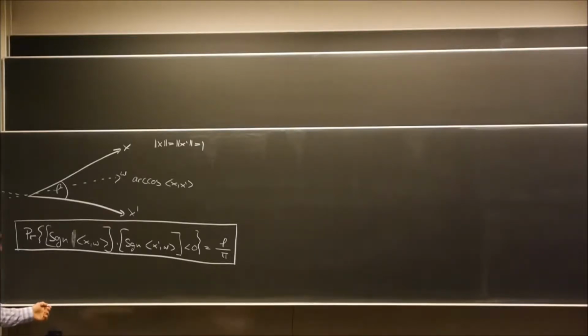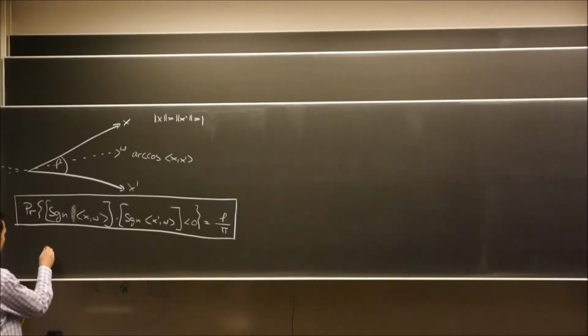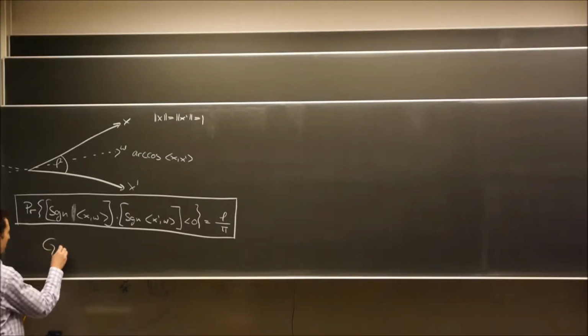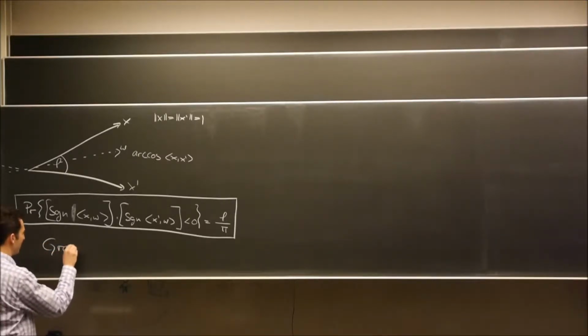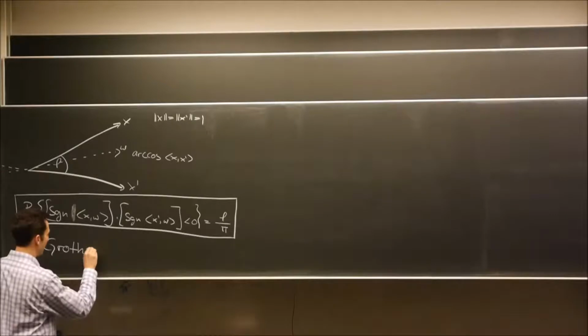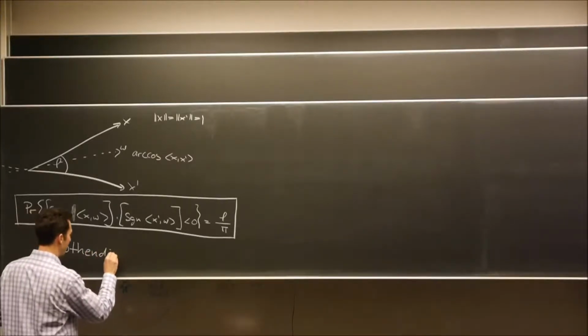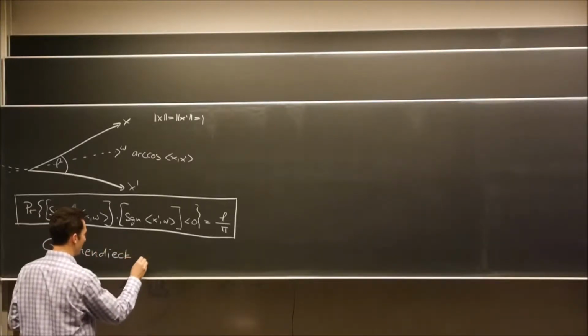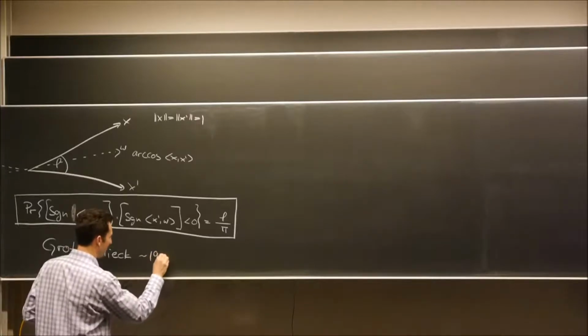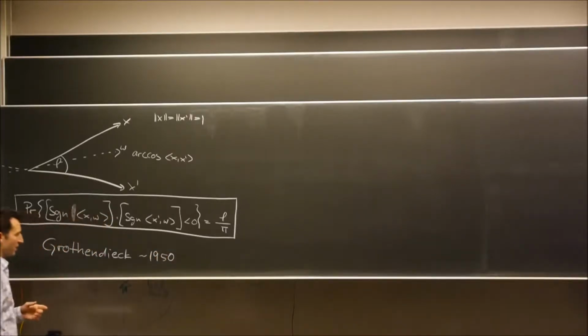And it's related to something called Grothendieck's identity. And this is around 1950. Interestingly enough, in the paper by Goemans-Williamson that we're going to go through today, largely there's actually no such reference to that.